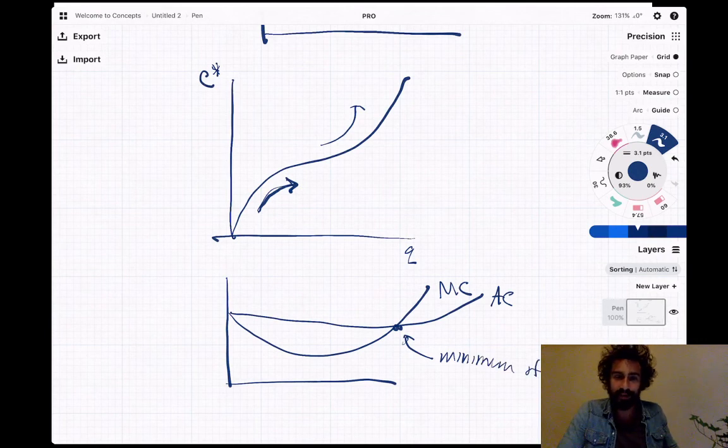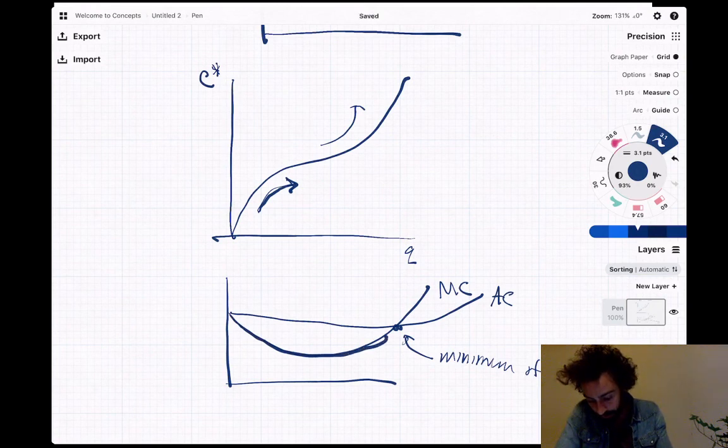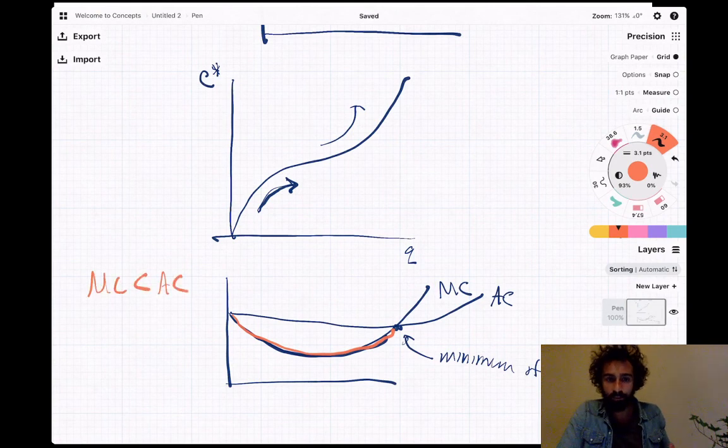Remember, we said the same thing about marginal production and average productivity. As long as the marginal cost is below, so for this whole orange part, the marginal cost is less than the average cost, right? When marginal cost is less than average cost, each additional unit costs less than the average it has cost so far to produce.